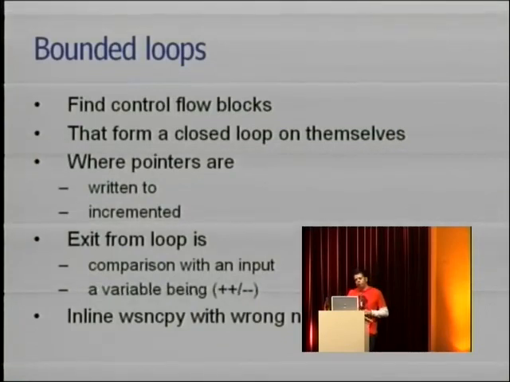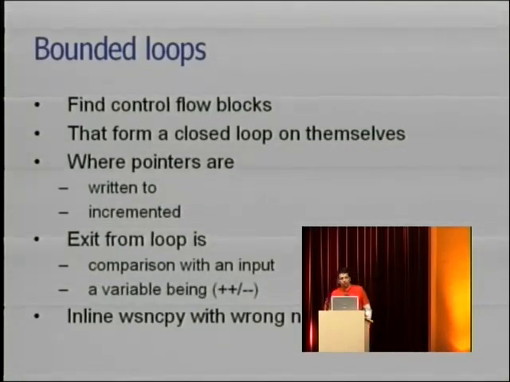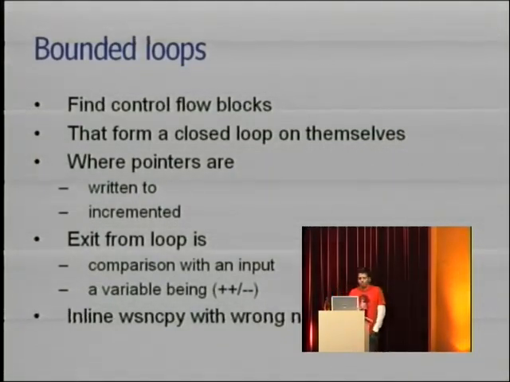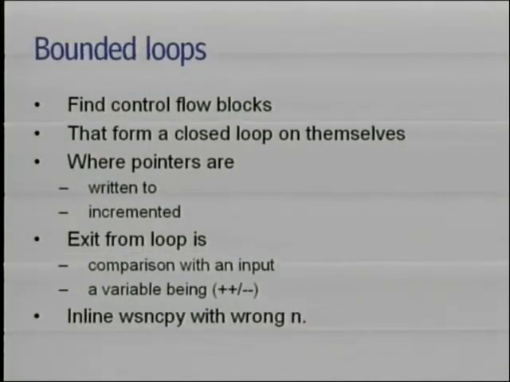So bounded loops. Bounded loops means that there's some type of condition that's going to stop it, whether it's, let's say you're saying go through this loop 10 times or whatever. Just because it's bounded doesn't mean it's not vulnerable.